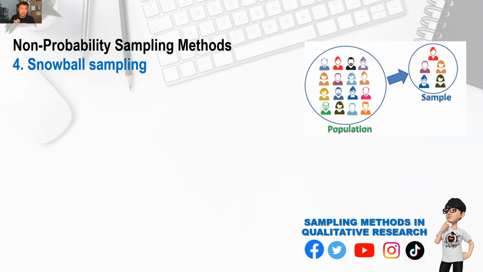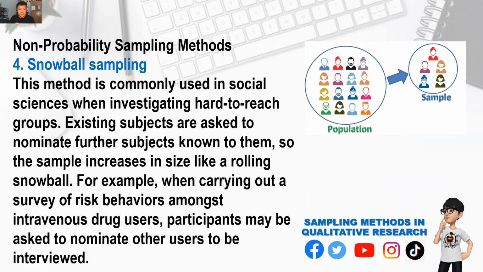That is why it's called snowballing. From one small snowball, kapag umikot yan, lumalaki siya ng lumalaki. So by definition, snowball sampling is a method commonly used in social sciences when investigating hard-to-reach groups.